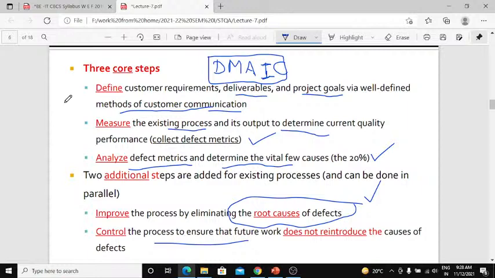So the Six Sigma approach is: define customer requirements, measure the process and its outcome, analyze, improve the process by eliminating the root causes of the defects, and control the process so that in the future it does not reintroduce the causes of the defects.